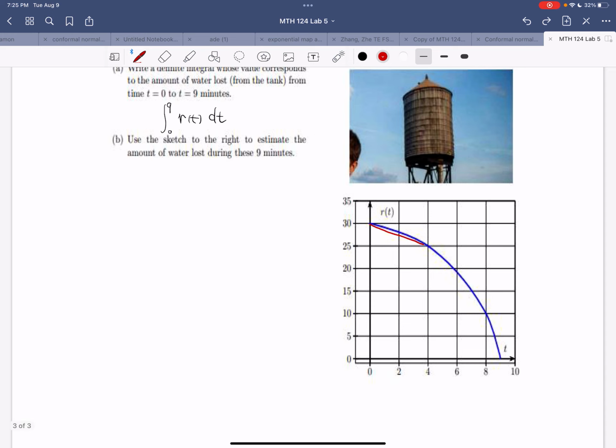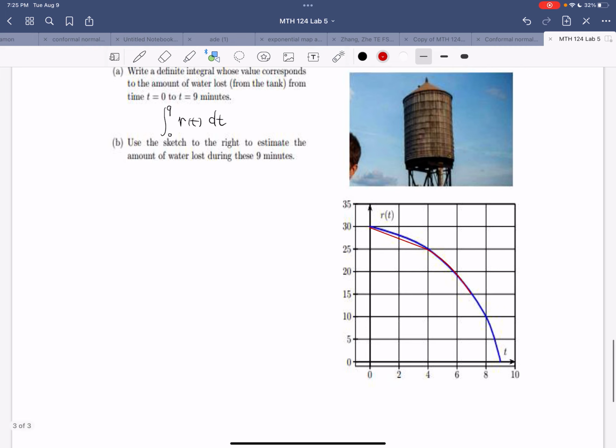So let's draw the line segment estimate here. Use this straight line segment to do this estimate.